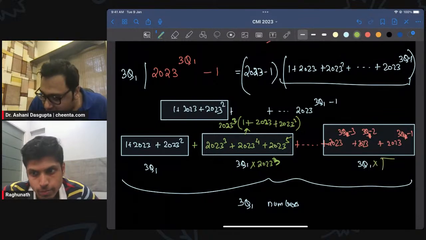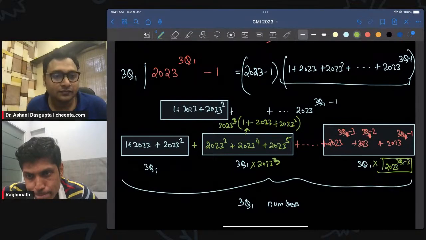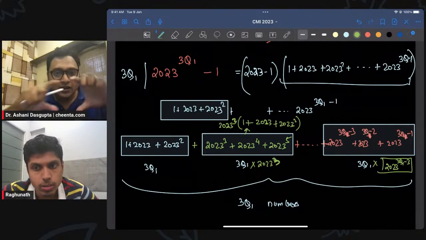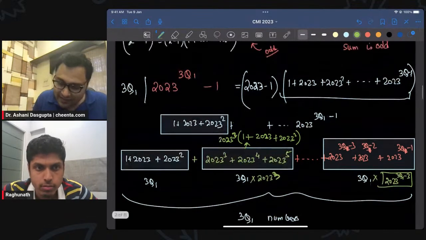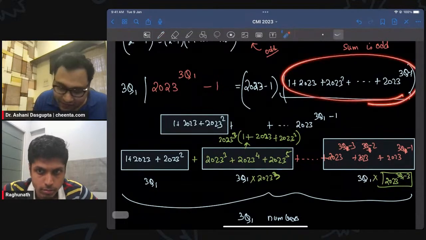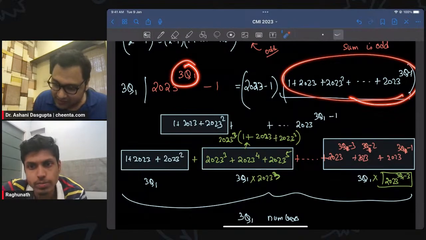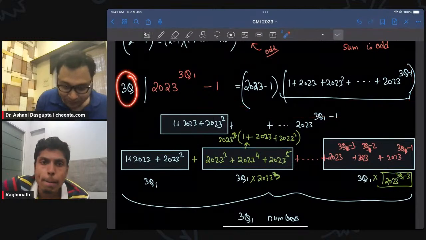The last one will be 3q1 times 2023 raised to the power 3q1 minus 3. So each group is divisible by 3q1. So the sum will be divisible by 3q1. Right? So we just showed that this part is divisible by 3q1. So this entire product is divisible by 3q1. So 3q1 divides this thing.